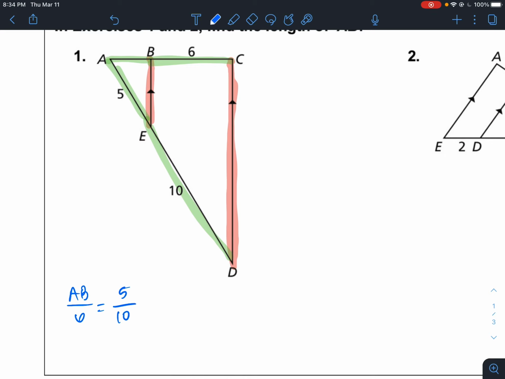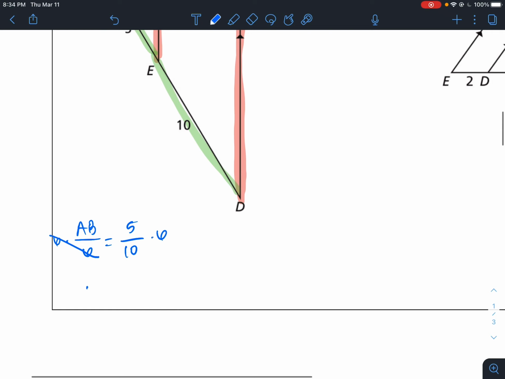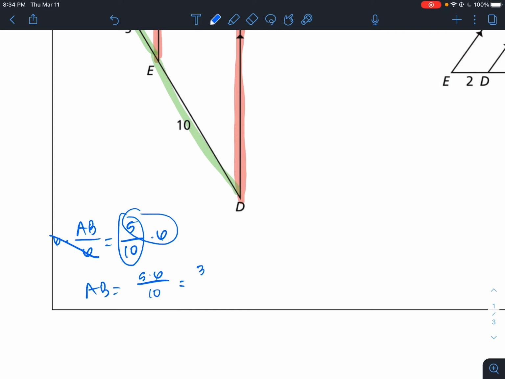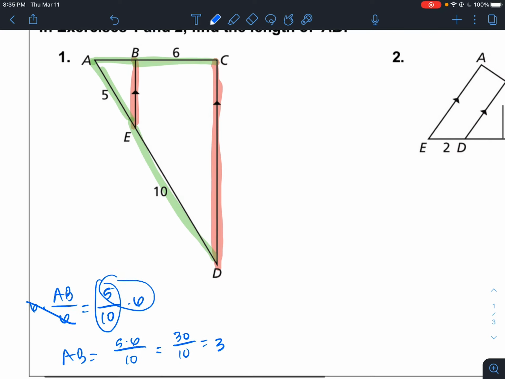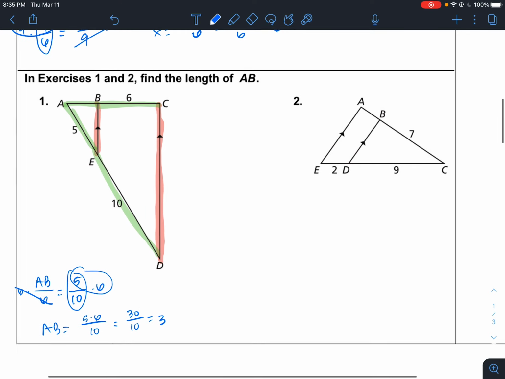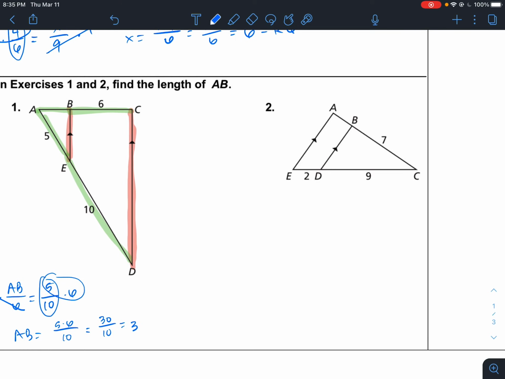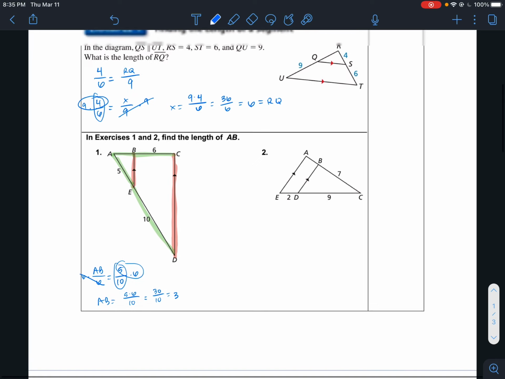I can multiply both sides by 6. Here they cancel. So AB is equal to 5 times 6 divided by 10. That should be 30 over 10, so AB is equal to 3. Okay, I want you guys to pause the video and try number 2.